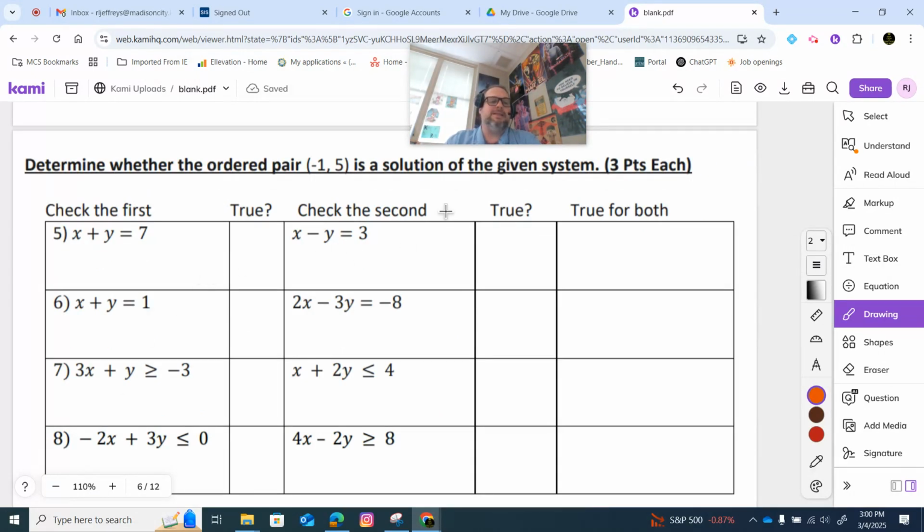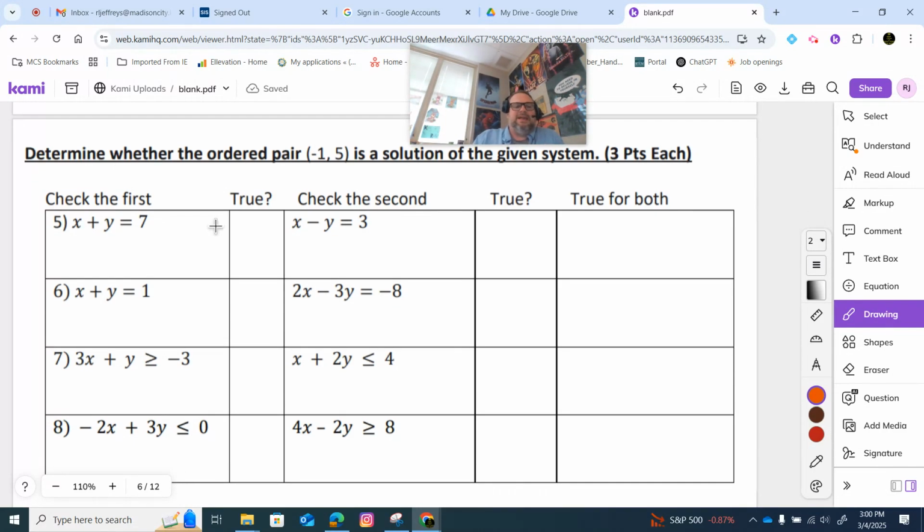All right, so instead of just having different ones like we did Friday, I just decided, hey, let's have a multitude of different ones. Instead of check top, check bottom, I set it up so it could be maybe a little easier.